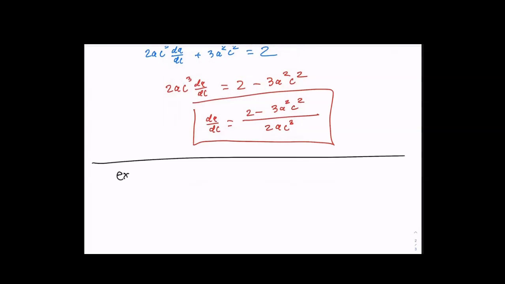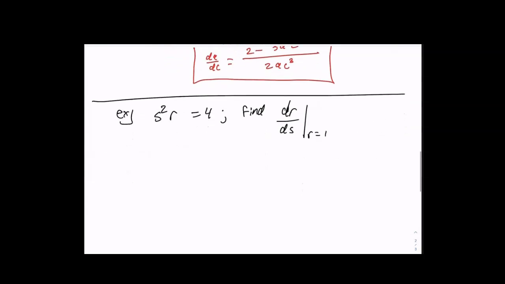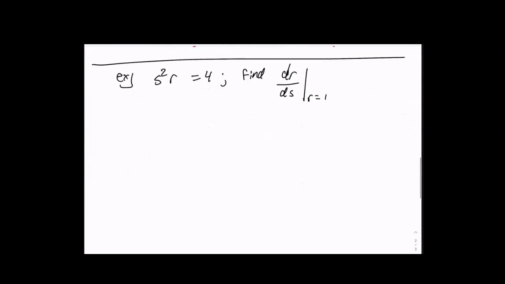New example. s squared r equals 4. Find dr/ds evaluated when r equals 1. Okay. Where do I want to start?